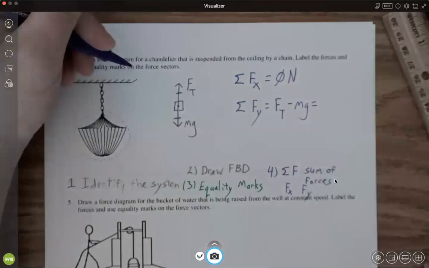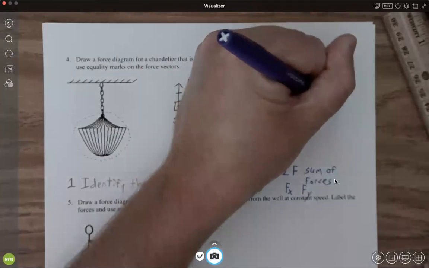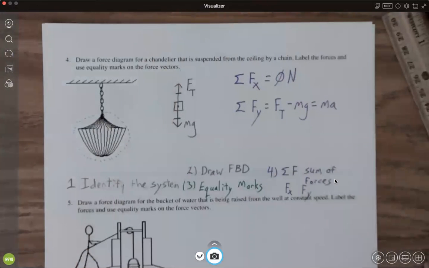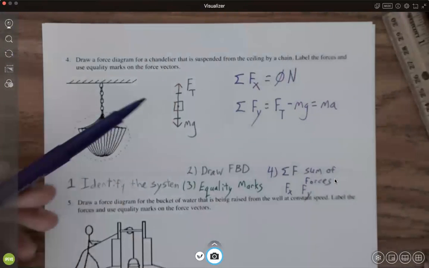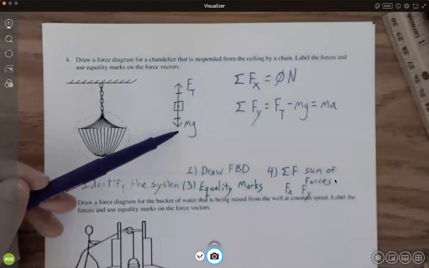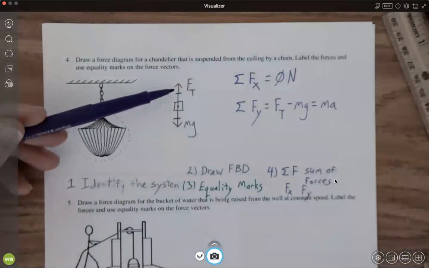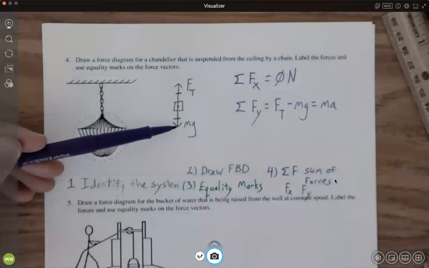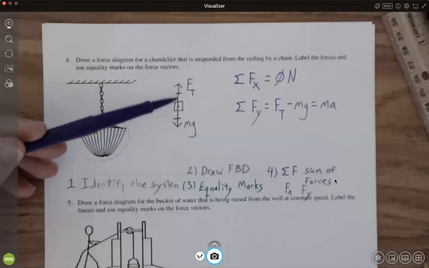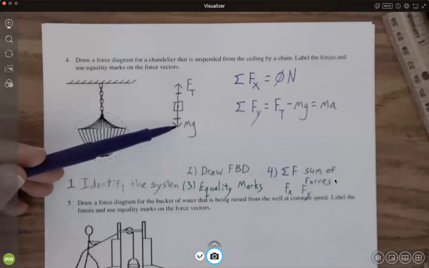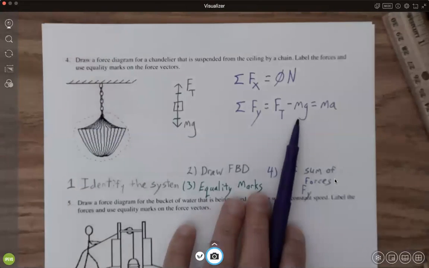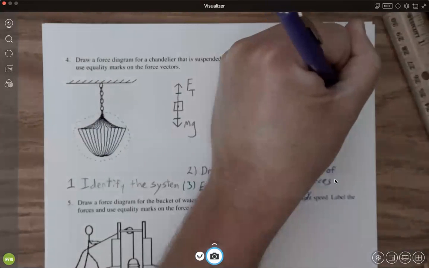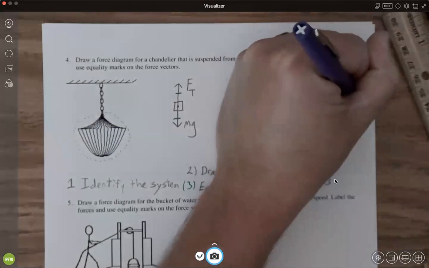This all equals ma, because the sum of the forces equals ma. Tension up minus mg down equals ma. But if this equals this, say this tension was 10 and mg is also 10, that means 10 minus 10, which is 0. So we know ma equals 0 newtons as well.